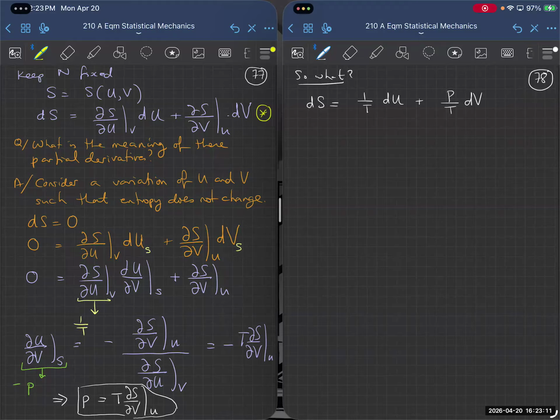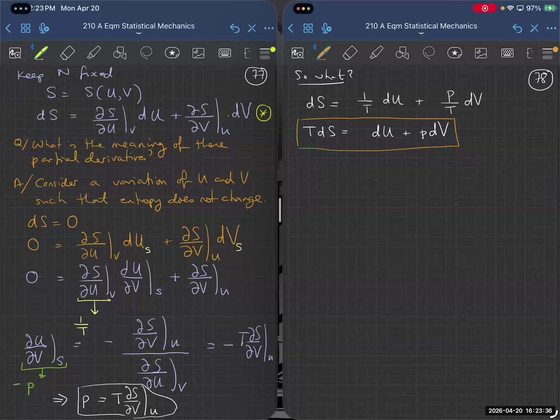And that means that T ds is equal to du plus p dv. And this equation is one that those of you who've done thermodynamics before will recognize. This says the work done is the change in the energy plus the work done in changing the volume of the system. So this actually is the first law of thermodynamics.